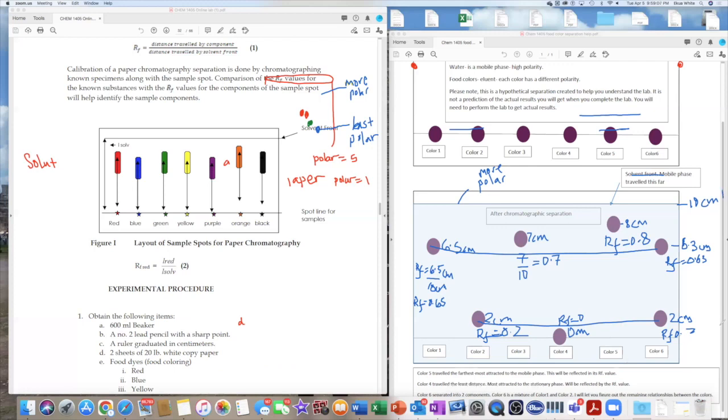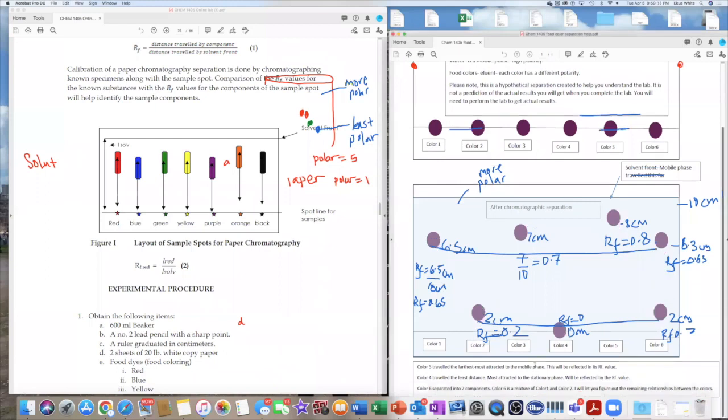Anyway, so I explain right here. Let me see what I wrote. It's been a while since I wrote this, but color 5 traveled the furthest and it's most attracted to the mobile phase. This will be reflected in its RF value, right? This will have the highest RF value because it traveled the most. Color number 4 traveled the least distance.